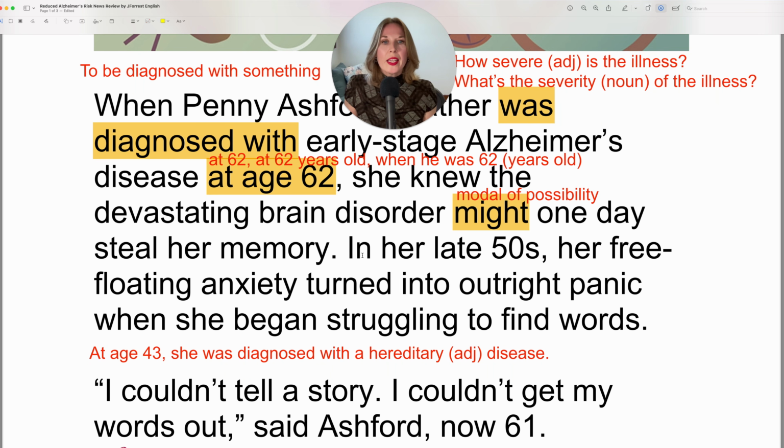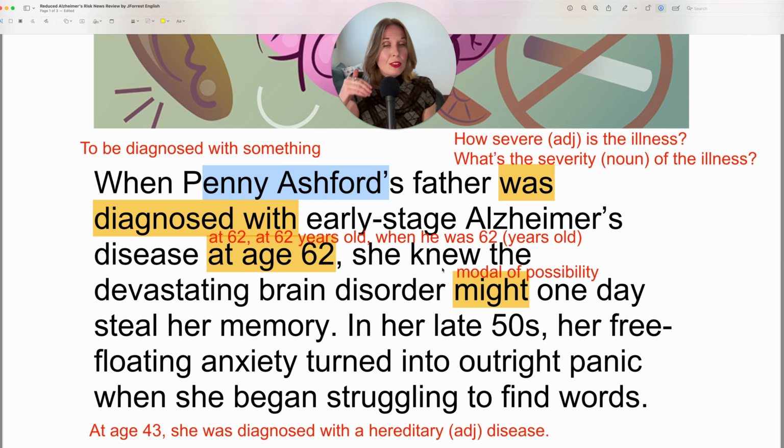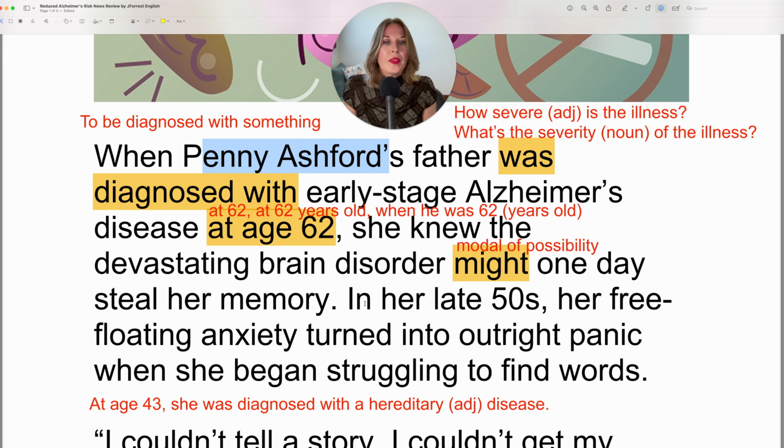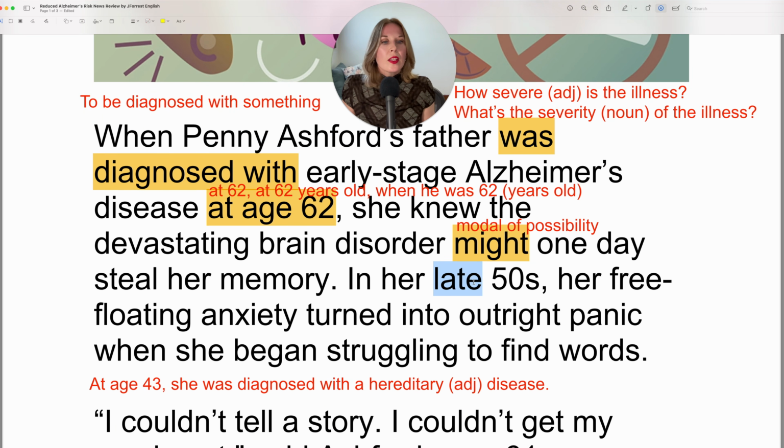Let's keep going. In her late 50s, so we're talking about Penny Ashford. Her father was diagnosed with early stage Alzheimer's. She's concerned she might get Alzheimer's because it's hereditary, which is implied by this article. In her late 50s. Notice this.